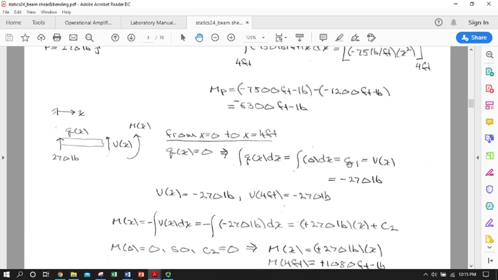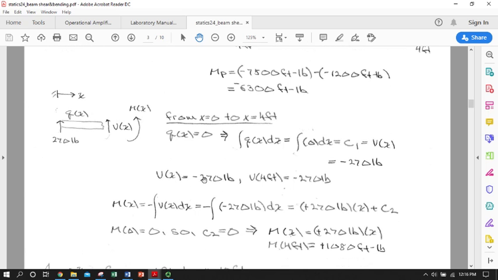What constant is it? Negative 270 pounds, because V sub x would have to be a negative 270 pounds to balance this. So V sub x is a constant all the way through here. Okay, that's great. So V sub x anywhere is negative 270.